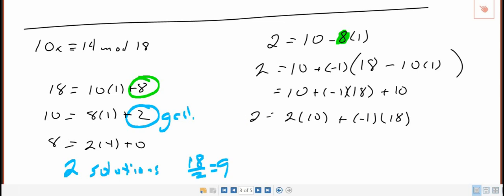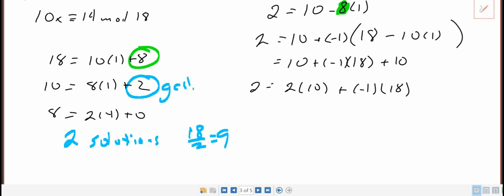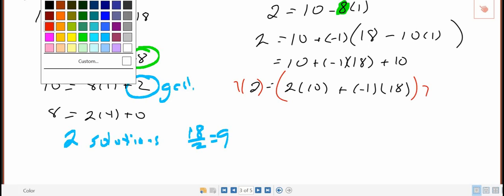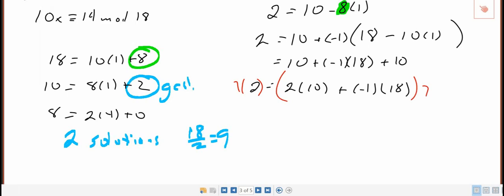And that does equal our 2. So now we need that to be equal to 14, not just 2. So I'm going to multiply both sides by 7. That's going to be 14 is, let's see, 14 times 10 plus negative 7 times 18.